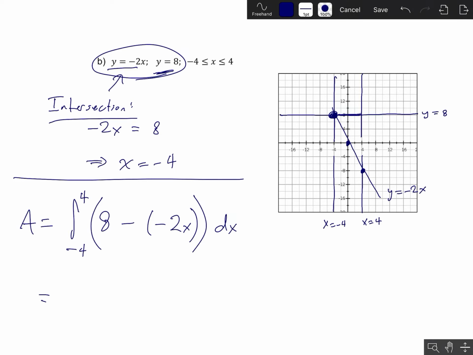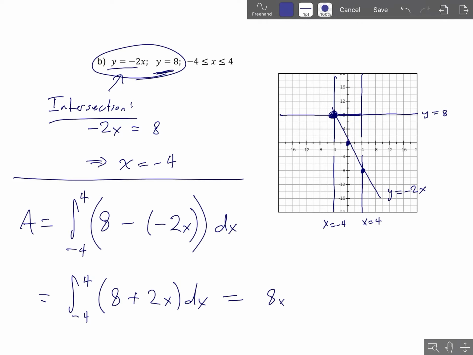And now we will integrate. So, let's first just simplify the inside so that we don't have to deal with signs. So this would be 8 plus 2x, and now we'll integrate that. So the antiderivative of 8 is 8x. The antiderivative of 2x, you can add 1 to the power so that it becomes an x squared, and then divide by the new power if you'd like.